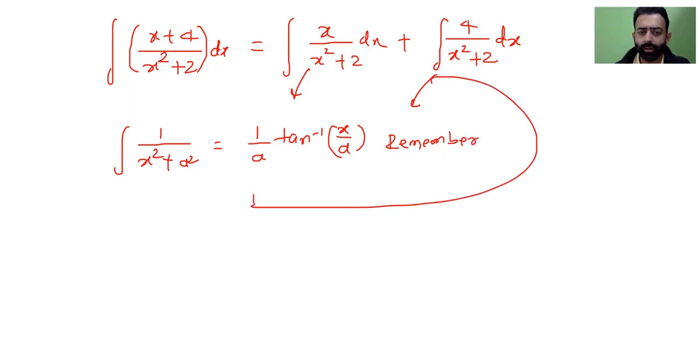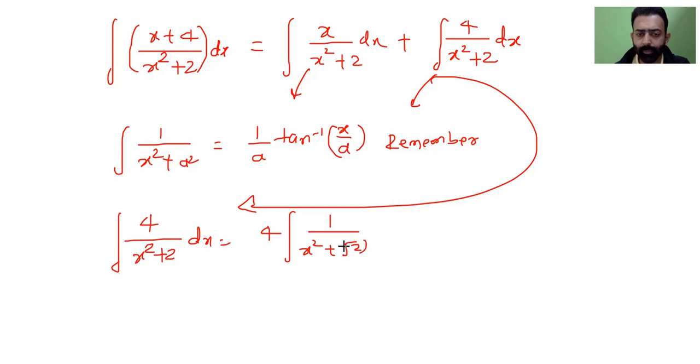So when we take this as our integral, 4 over x square plus 2 integral dx, taking this 4 outside and writing this as 1 over x square plus root 2 square dx. Okay, please consider this very important, that 2 is a square of root 2, right? And I have to write this in the form of this formula, which is 1 upon x square plus a square.